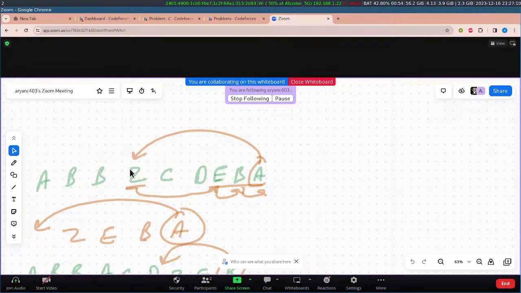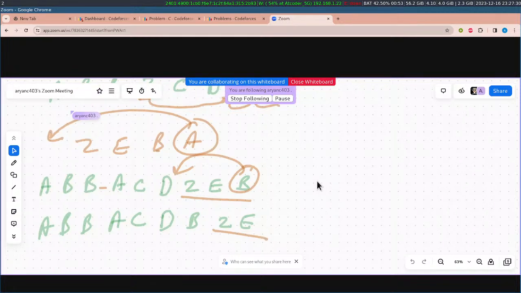In the end, it will look like A in place of Z. Basically it will reverse: Z, E, B, A would be replaced with A, B, E, Z. And if we notice in the example, the last character becomes the first character and the lexicographically largest string changes.